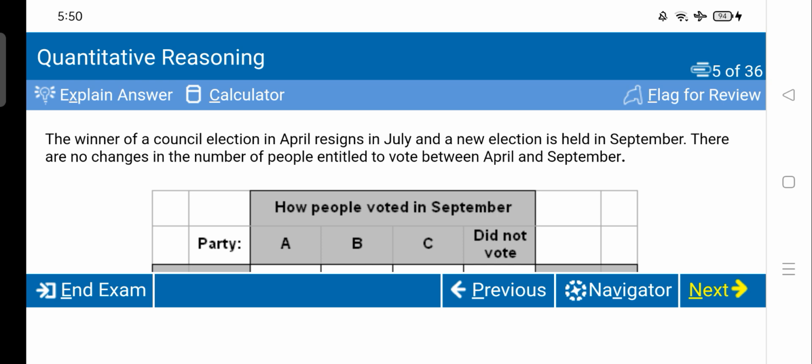Next question we have is that the winner of a council election in April resigns in July and a new election is held in September.